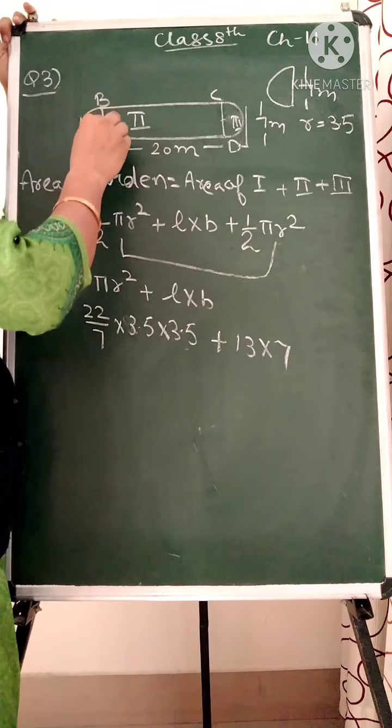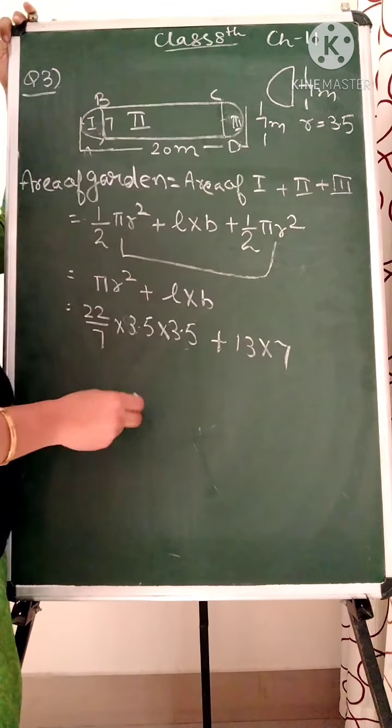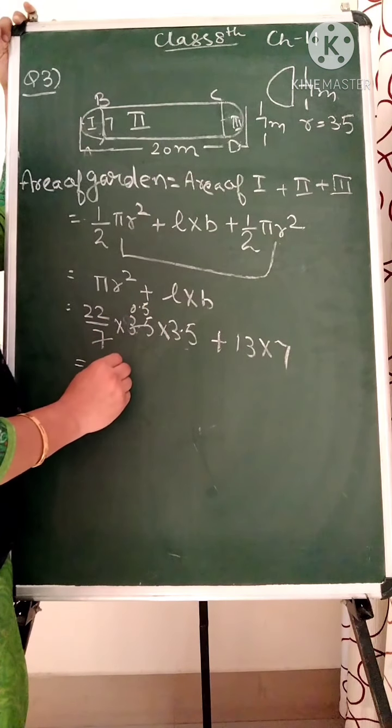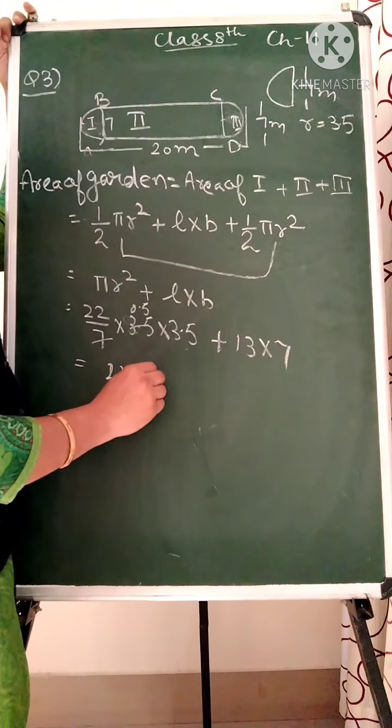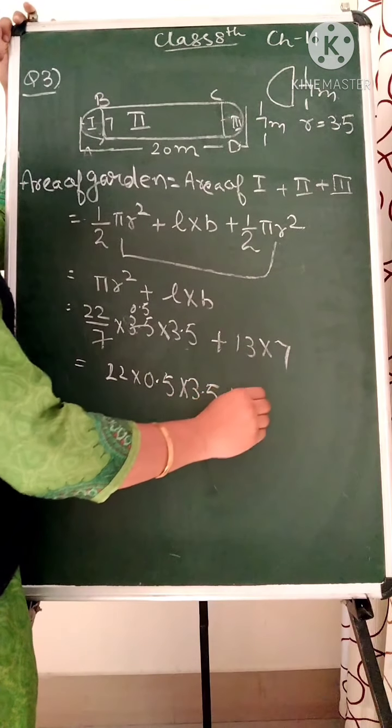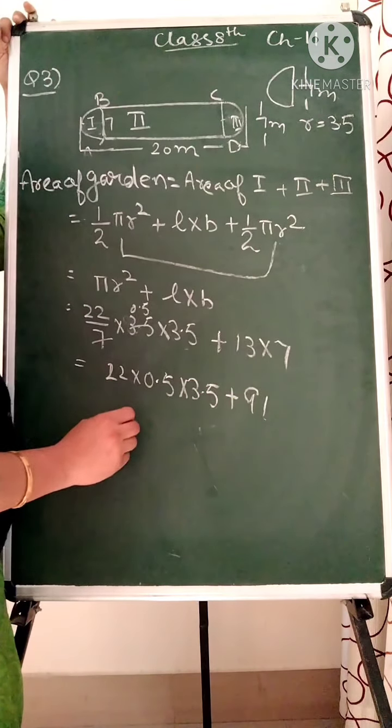Okay? Because this 7 will remain the same, there will be no change. Here 0.5. So 22 into 0.5 into 3.5 plus 91. Solve this calculation.